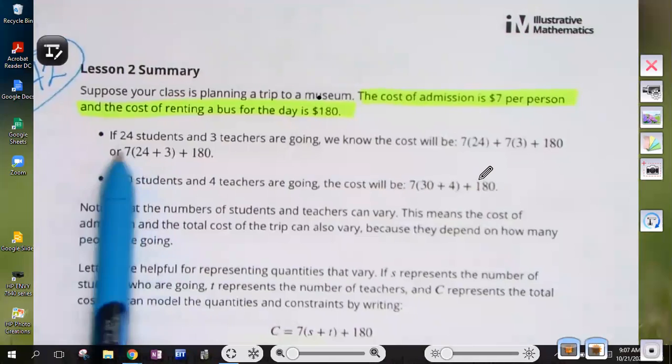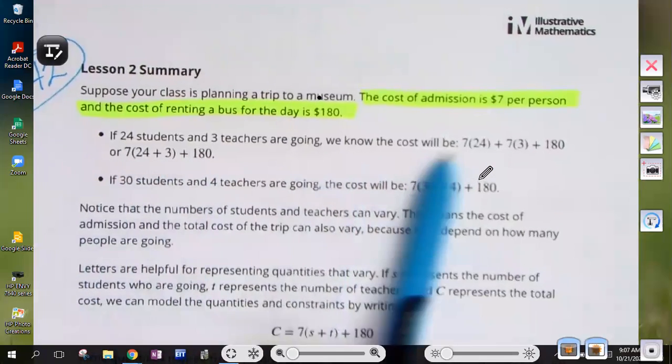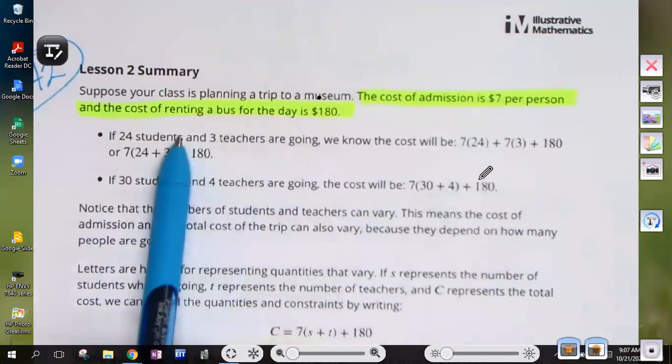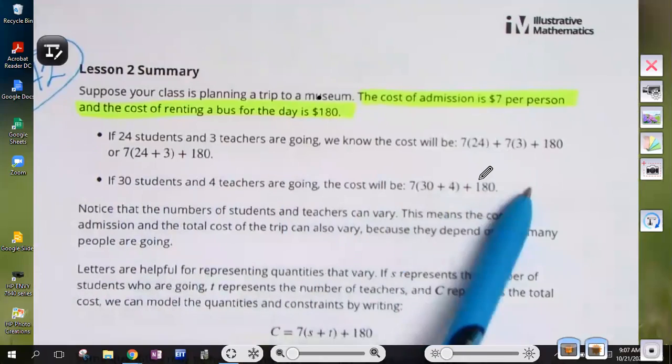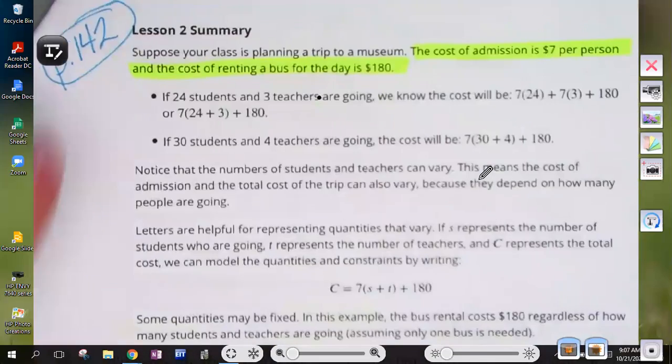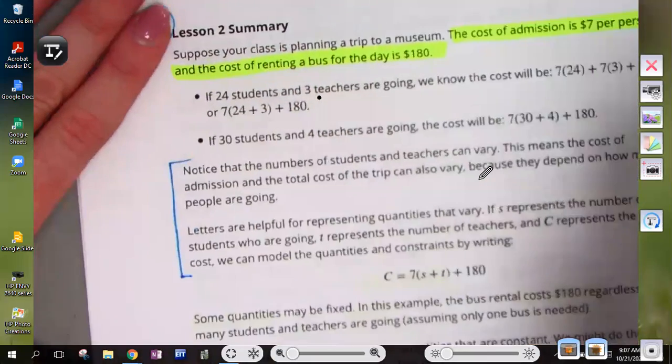It says if 24 students and 3 teachers are going, we know that the cost will be done this way, or we could have solved it this way. If 30 students and 4 teachers are going, we could have done it that way. All right, first 2 paragraphs, put them in a little bracket.